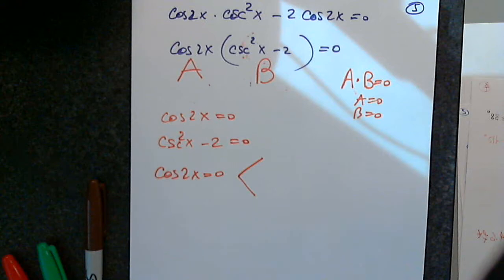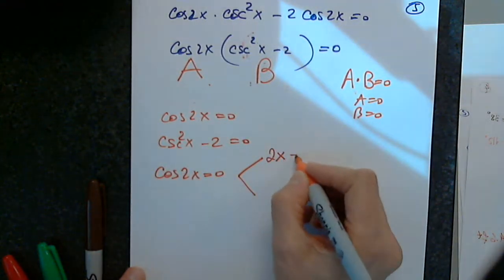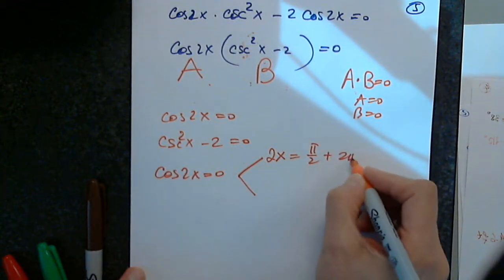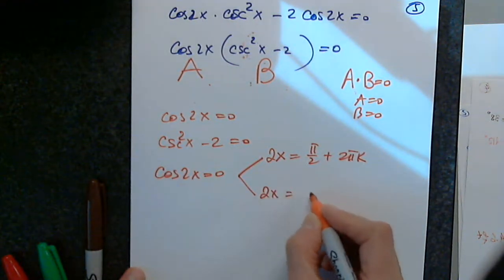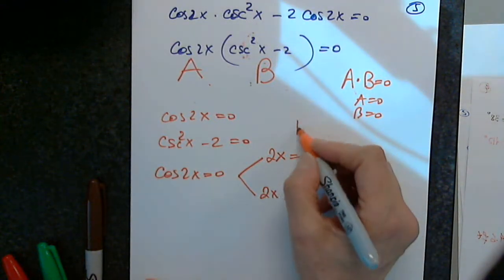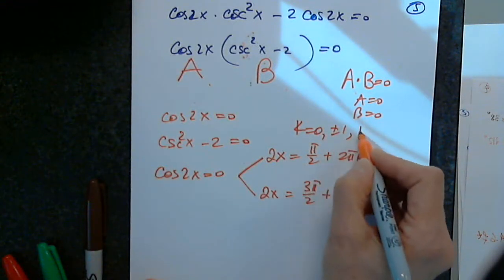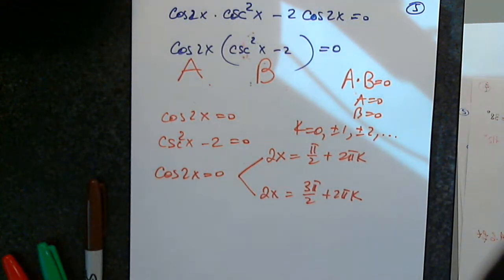So where is it 0? Pi over 2 or 3 pi over 2. Correct. So the argument is not x, though. I have to write 2x equals pi over 2 plus 2 pi k, or 2x equals 3 pi over 2 plus 2 pi k. Of course, k is 0, plus or minus 1, plus or minus 2, and so on and so forth.